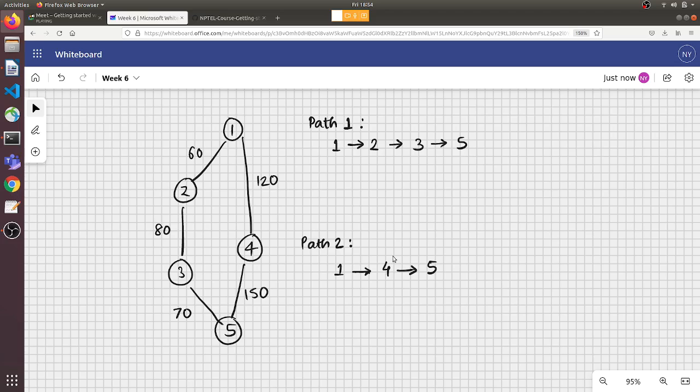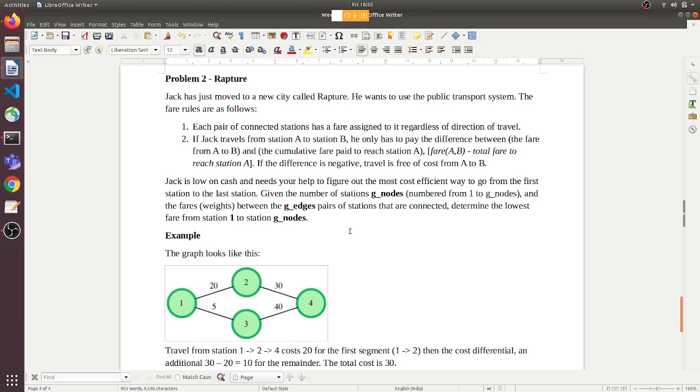That will be 30, path 2. Yes, 30. No, I think we misunderstood the problem a little bit here. We have to keep adding.